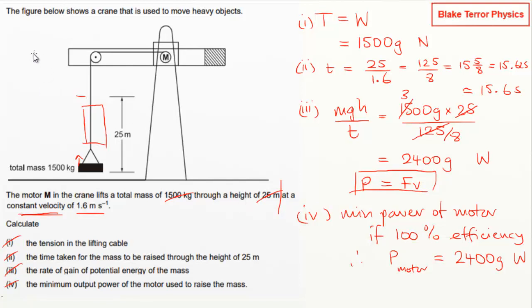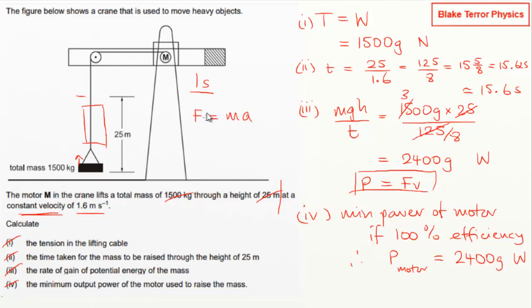They could have more sensibly a question where they're saying, right, well, I don't know, it takes 1 second in order to accelerate the object up to 1.6 meters per second, and then 1 second to decelerate it at the other end. And then we can start looking, well, what's happening in the acceleration? We'll be doing Newton's second law.